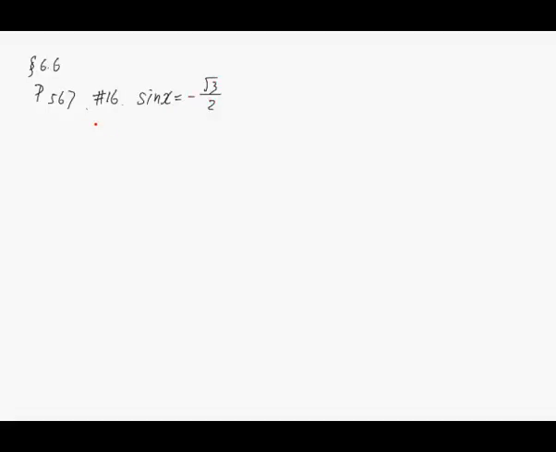Before we try to solve this equation, we can first draw the unit circle in the rectangular plane, and this can help us find the one or two special solutions between 0 and 2 pi.